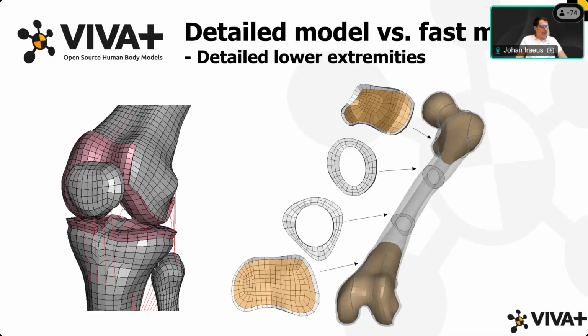Here you can see one example of the femur where we have 3 elements over the thickness in the shaft region, and then at the ends of the femur, we go down to 1 solid element of thickness because there the cortical bone is much thinner.